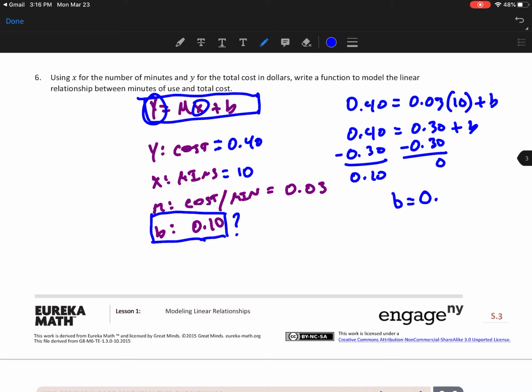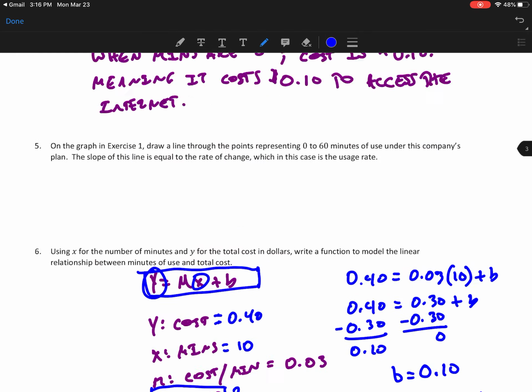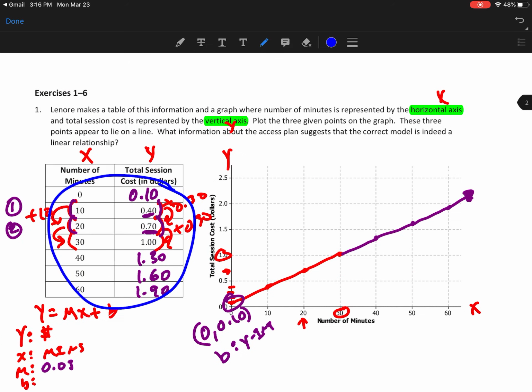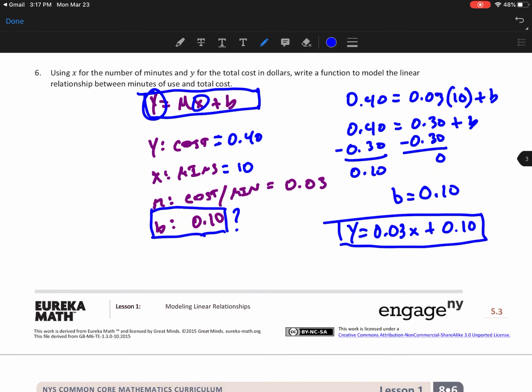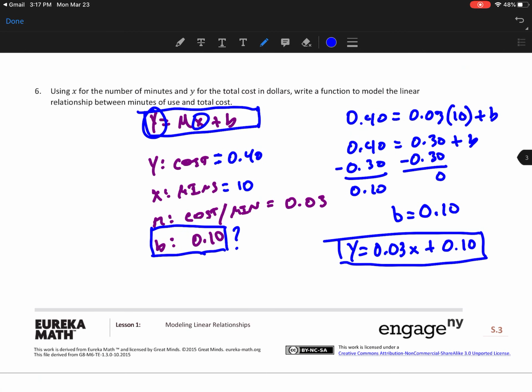B is equal to 10 cents. Okay, and now we can complete our function. Y is equal to 3 cents per minute times x plus 10 cents. So we take all of that, that graph, that table, we take all of that and we turn it into this function, okay?